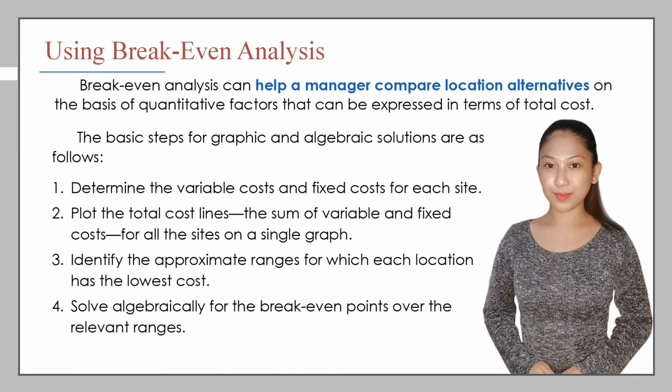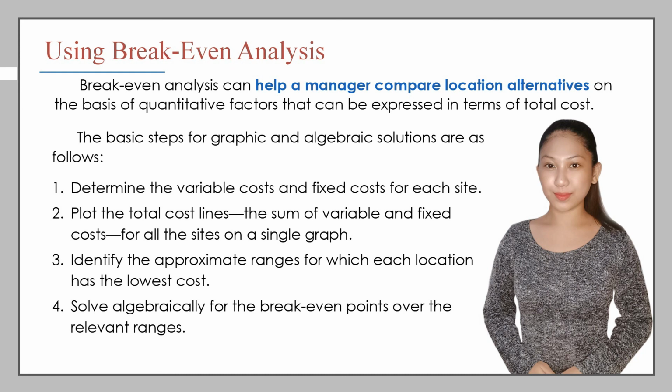The second one is to plot the total cost lines, the sum of variable and fixed cost for all the sites on a single graph. Then identify the approximate ranges for which each location has the lowest cost. Then lastly is to solve algebraically for the break-even points over the relevant ranges.